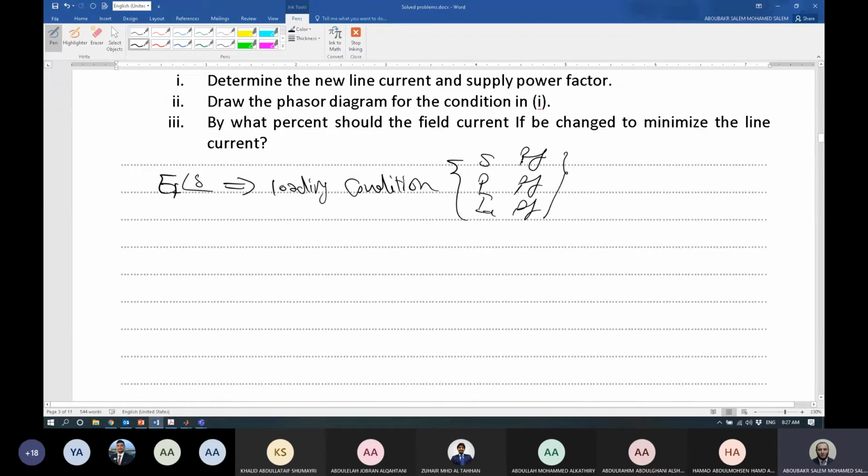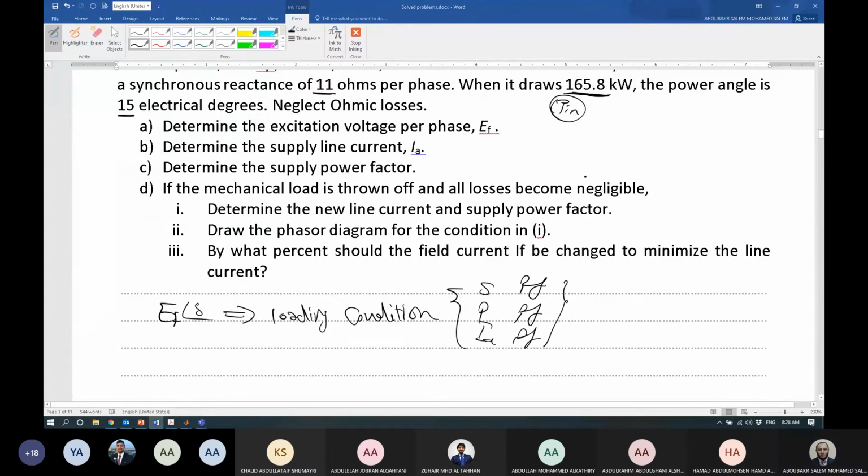Do we have any of these? We have P. Do we have power factor? Power factor is not given. We have only the power angle, 15 electrical degrees, which is delta.